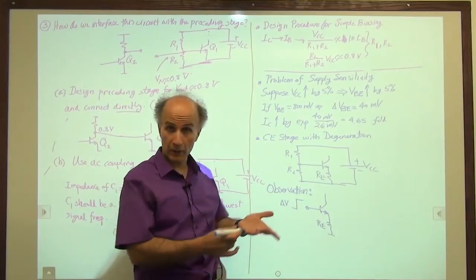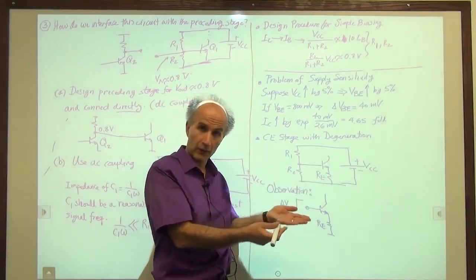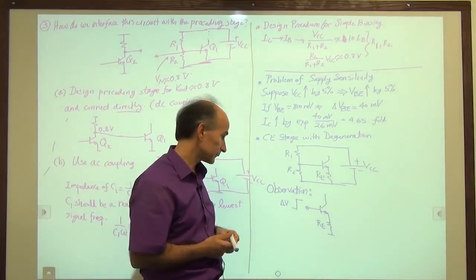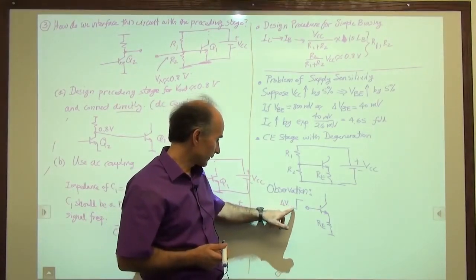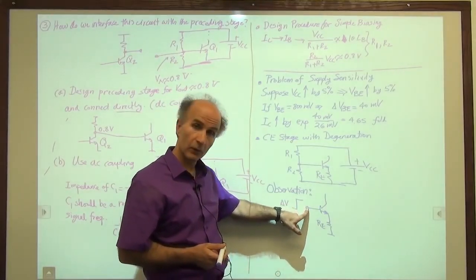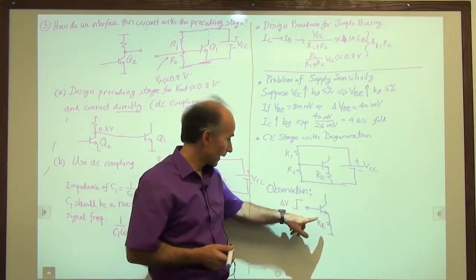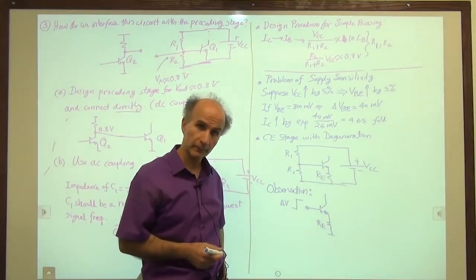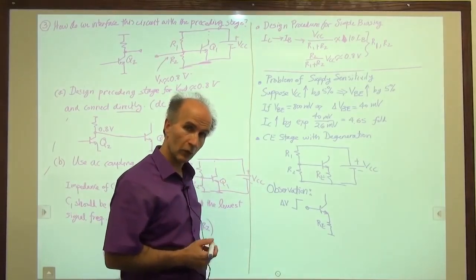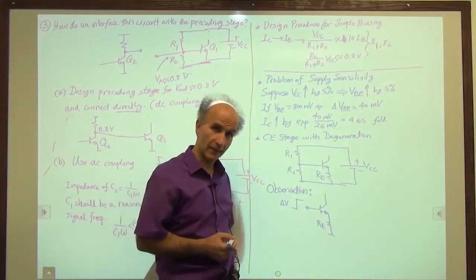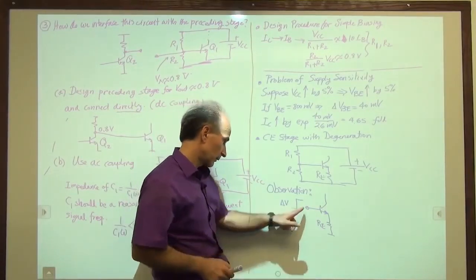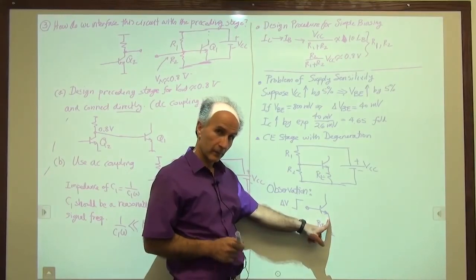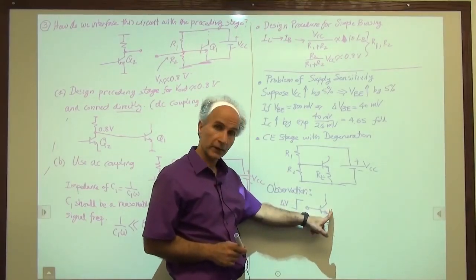Okay, well, we can pick one of them and proceed and see if the result agrees with our assumptions. If not, then that assumption is incorrect. All right, so let's say delta V raises the base voltage like so, and let's assume that the emitter voltage doesn't change at all. Would that work? The base voltage goes up, the emitter voltage does not change. What happens to the collector current?